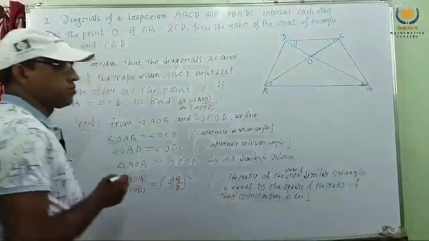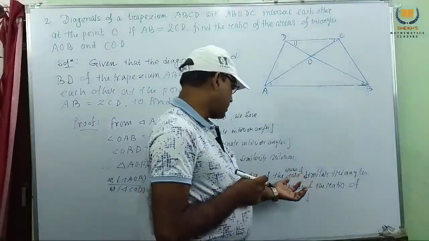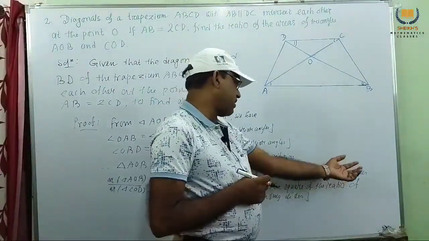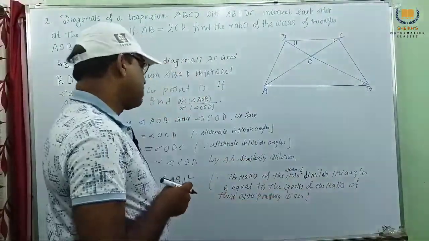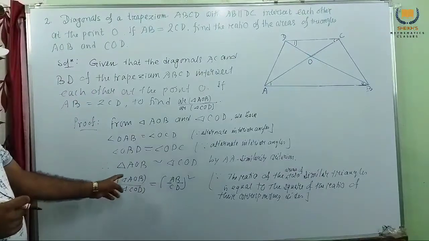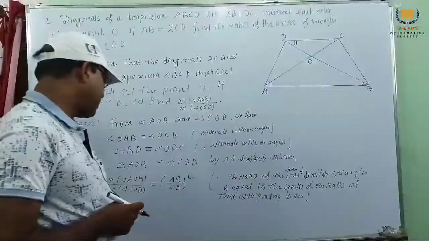So this is our theorem. The ratio of the areas of two similar triangles is equal to the square of the ratio of their corresponding sides. We know this. So we can write this area by this area equal to this side by this side whole square.